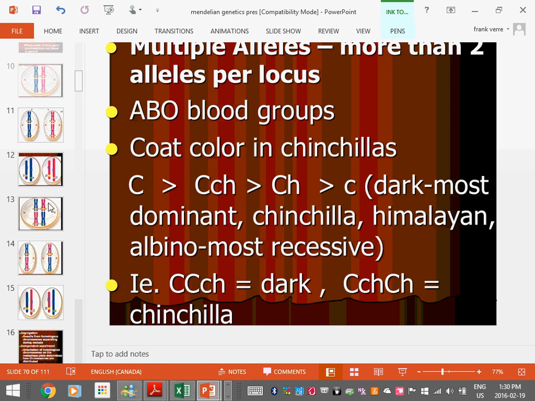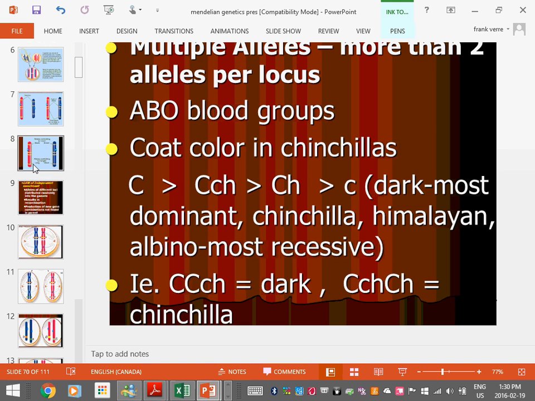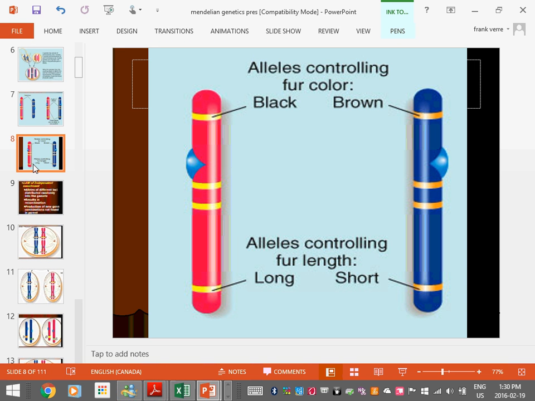We assumed that when we're looking at a characteristic, like color or length of fur, one gene determines that characteristic. And the gene comes in two versions, two alleles. So for color, it would be, in this case, black or brown. For length, it would be long or short.